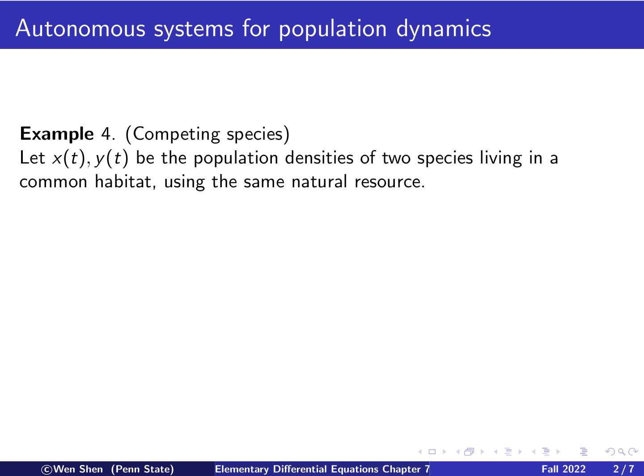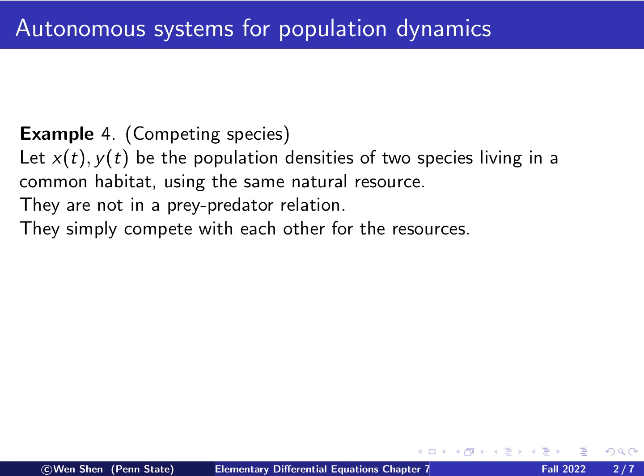Another way of saying sharing is that they are competing for the same natural resources. What is important here is that they are not in a prey-predator situation. So they will not terminate each other, but they will just be fighting for the same resource.